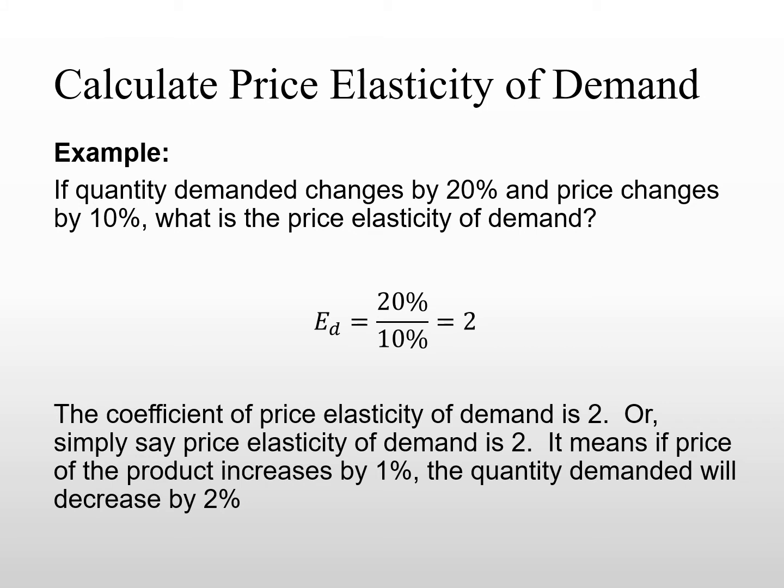In the study of price elasticity of demand, most of the time the textbook will give you a positive number. This is a confusion for most students, because in the previous calculations we found that the quantity demand actually changed by negative 20%, but what I'm presenting to you in this calculation is a positive 20%.